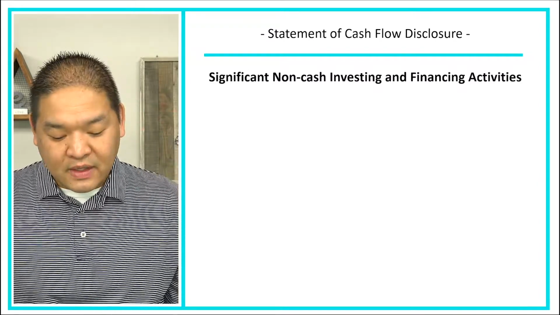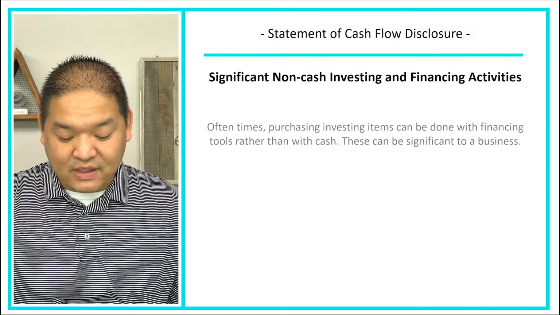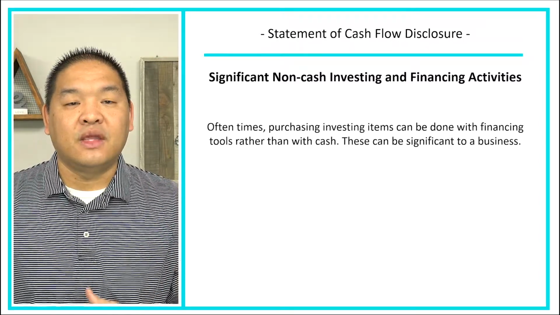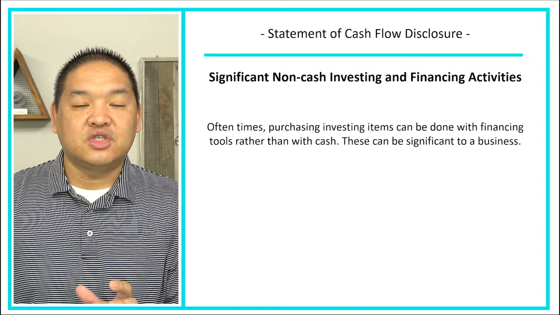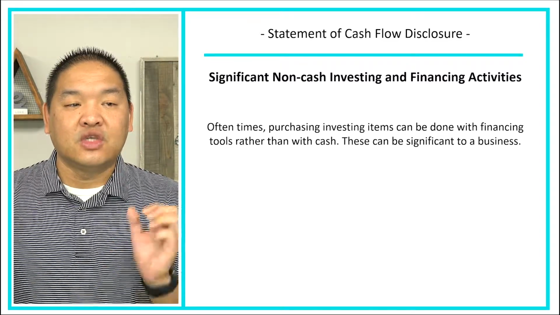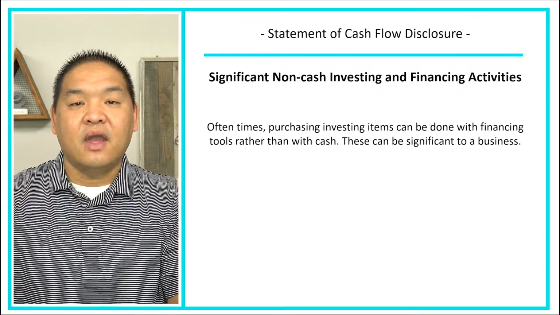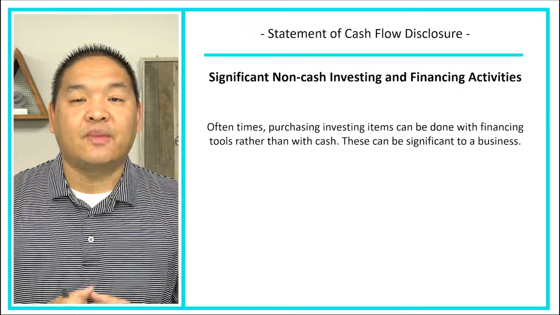The second one is significant non-cash investing and financing activities. This has to do with the fact that oftentimes purchasing investment items is done using financing items, so no cash is exchanged. We literally change one thing for another, and they have a huge impact on our balance sheet.